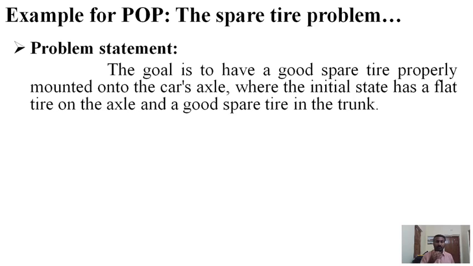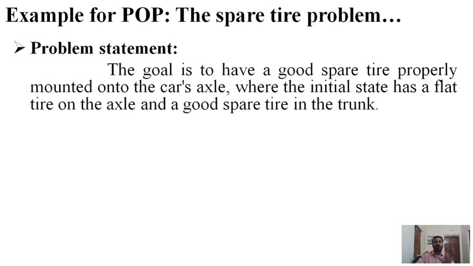For that, the problem statement is: the goal is to have a good spare tire properly mounted on the car's axle, where the initial state has a flat tire on the axle and a good spare tire in the trunk. This is the problem statement given.